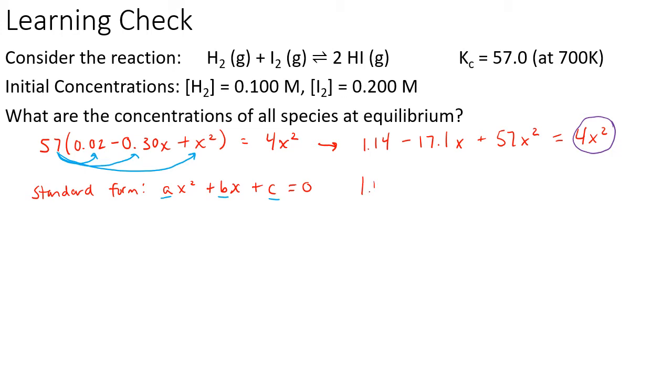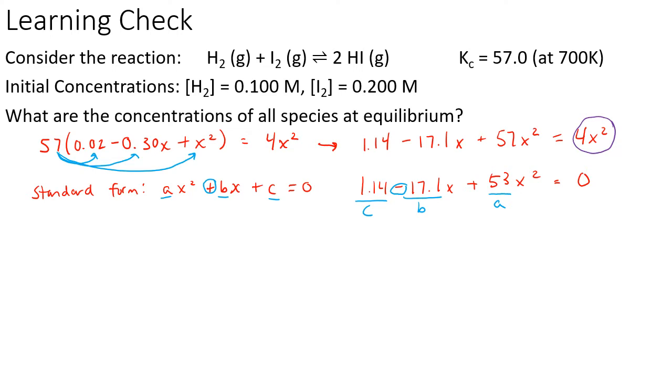So we'll be left with 1.14 minus 17.1x plus 57 minus 4 will be 53x squared, all equal to 0. And then 53 would represent our a, negative 17.1 would represent our b, and 1.14 would represent our c. Notice there's a negative in front of the 17.1b term, but in the original equation it's positive, so we have to include that negative sign with it.